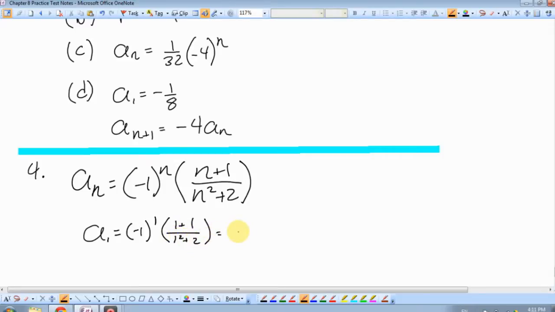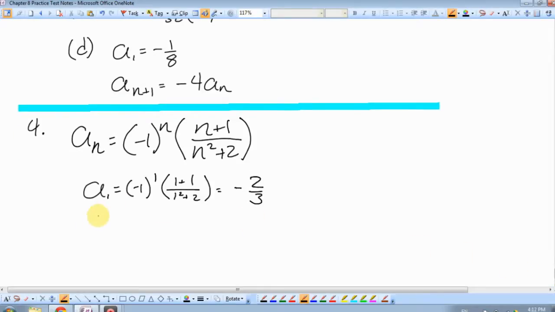What is that? Negative 2/3? Yes. a2: (-1) squared, times (2 plus 1) over (4 plus 2). Positive 1/2.